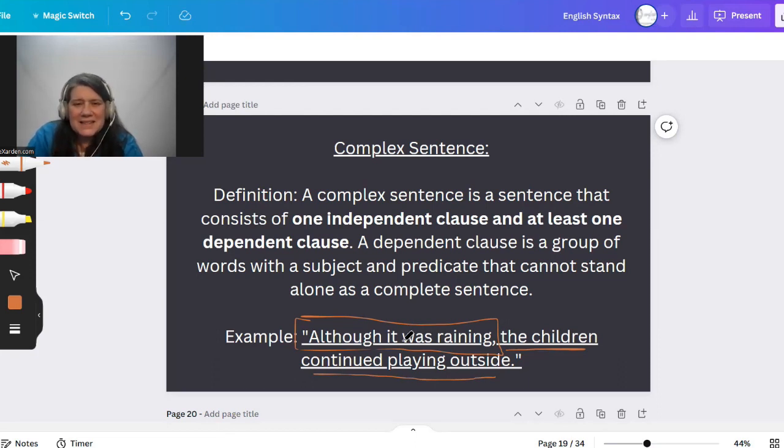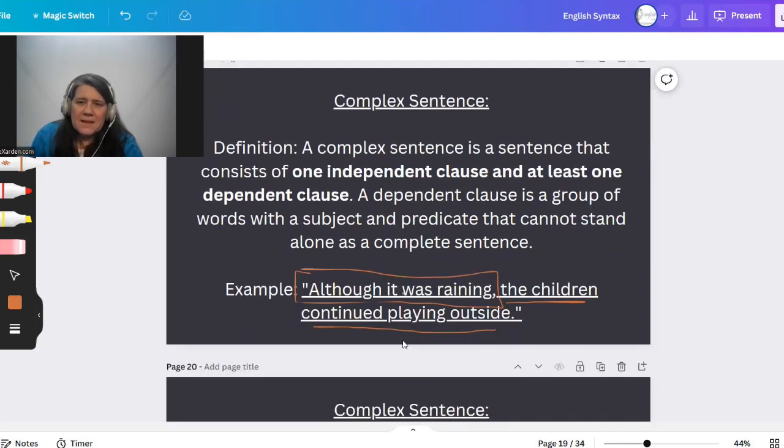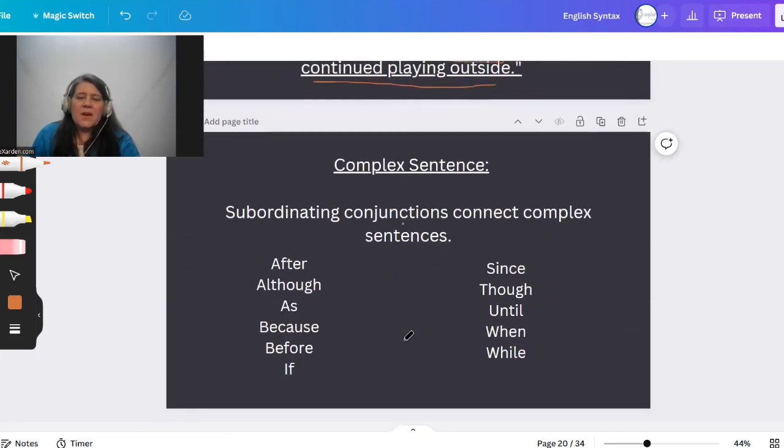Remember, a complete sentence, a simple sentence, has a subject, a verb, and is a complete thought. Although it was raining is not complete. That's why it's a dependent clause. We often use these subordinating conjunctions to show our dependent clause.